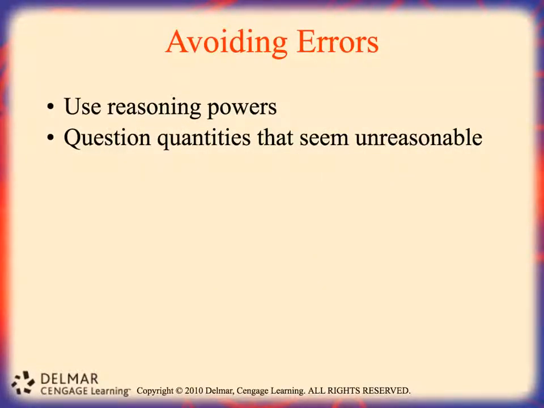Okay, other things that you can do to avoid errors is if the order or your calculation just seems unreasonable. This may not mean a lot to you yet, but it will. Say you come up with 15 milliliters, which would be 3 teaspoons, to give as an injection.